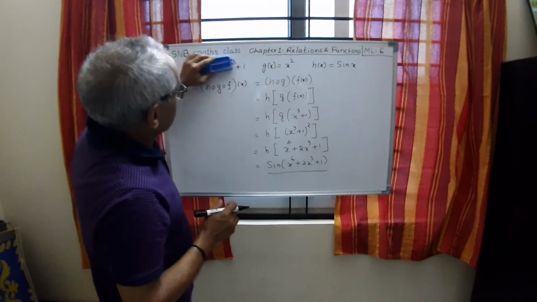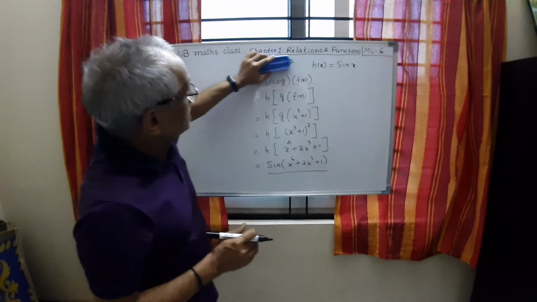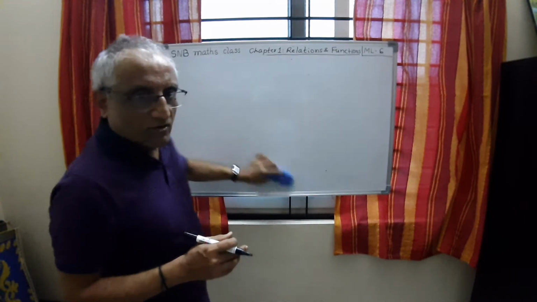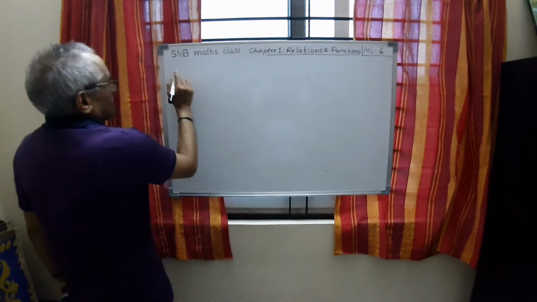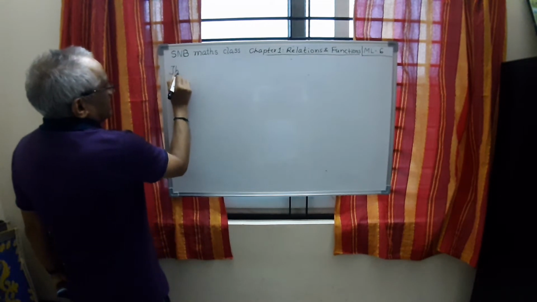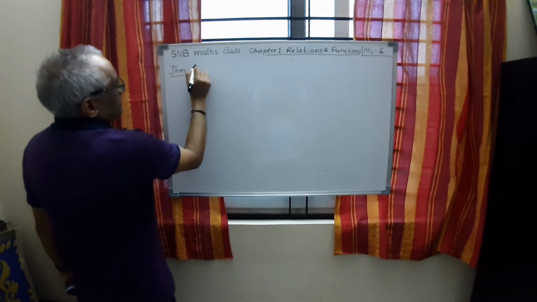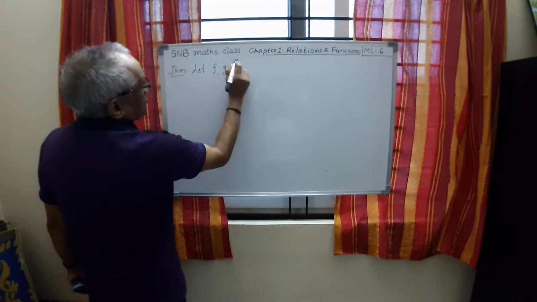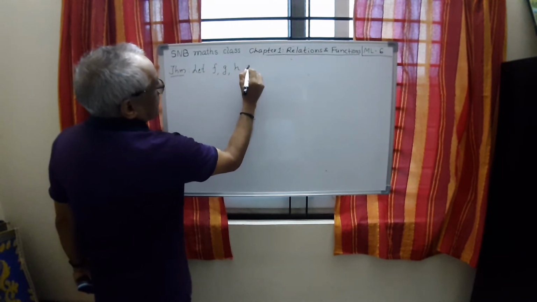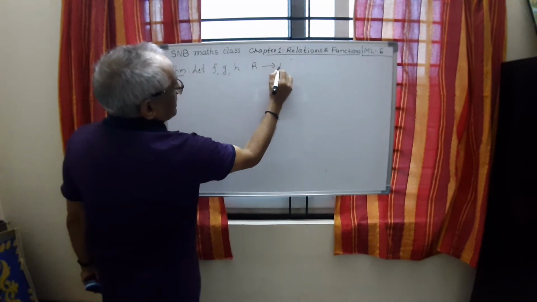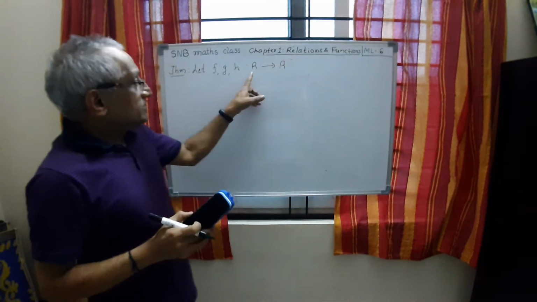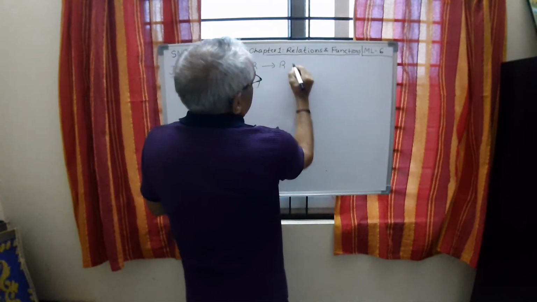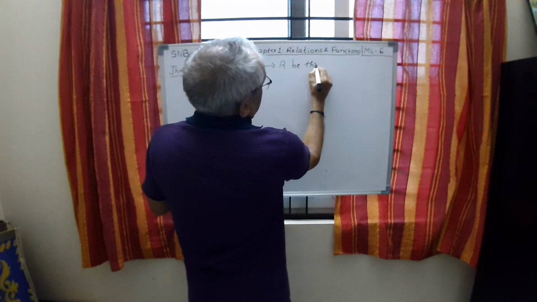Today let us study some of the properties of composite functions. Properties of composite functions. You can take it as a theorem. Let f, g, h from R to R, that means domain is R and codomain is R, be three functions.